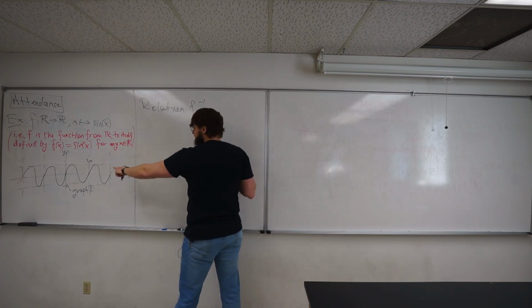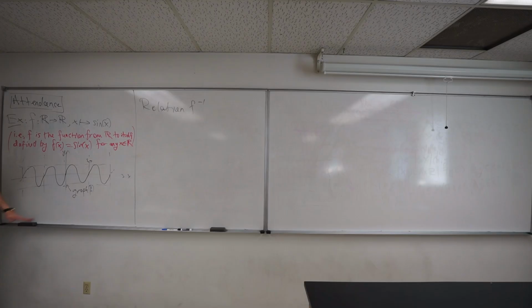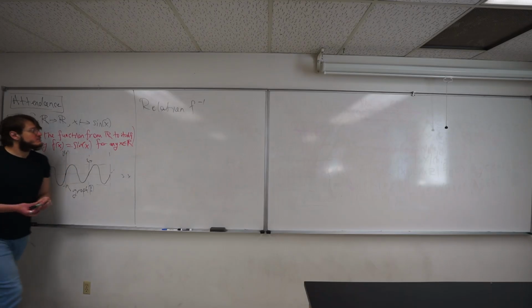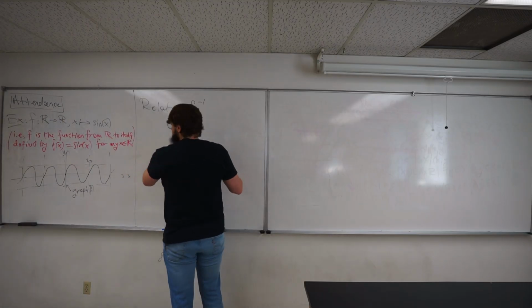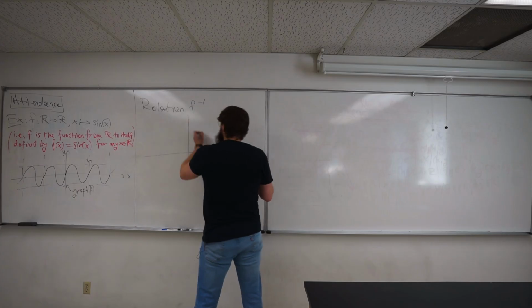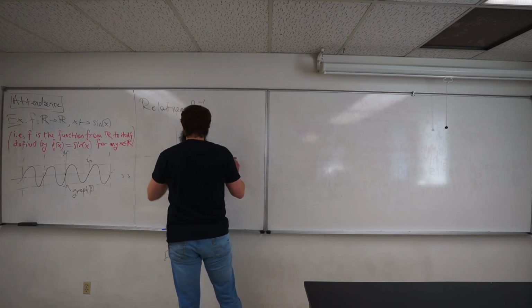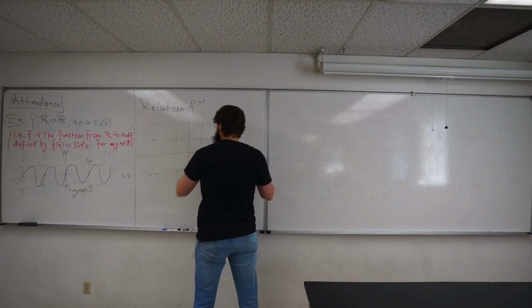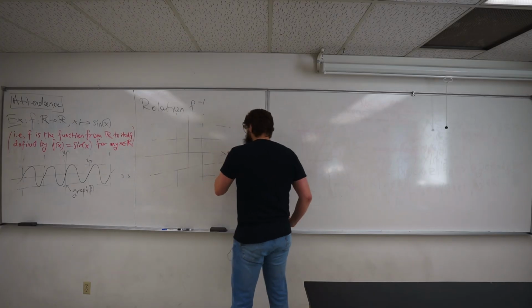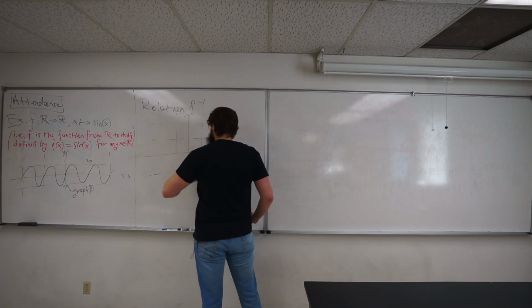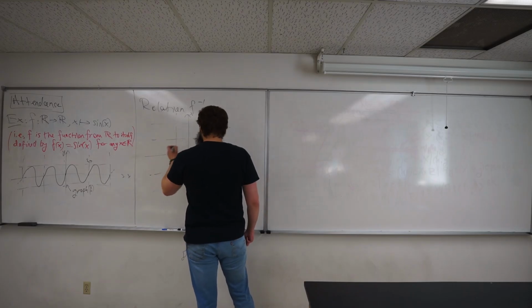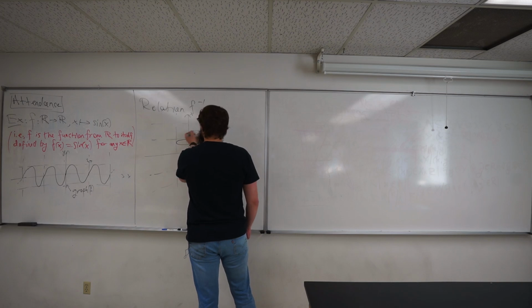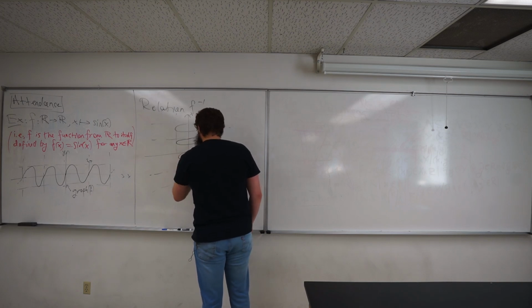If I were to take the shape and reflect it along y equals x, what does it turn into? It turns into something like so. So again, let me draw these. So now this is y, this is x. So I guess it should be like so.